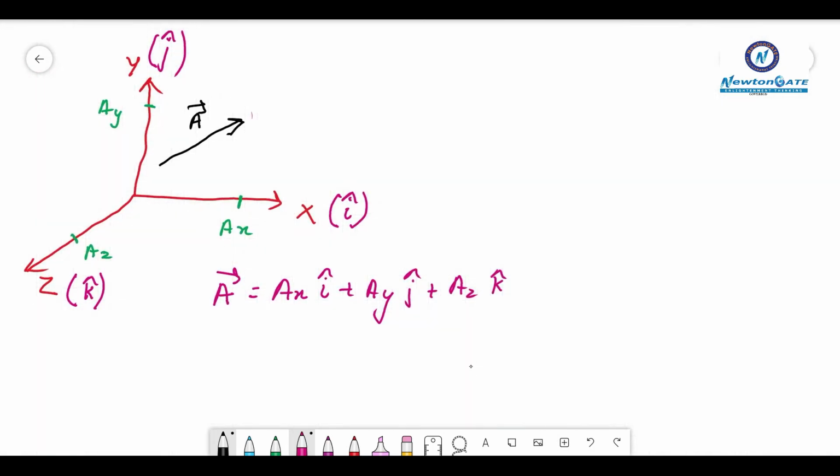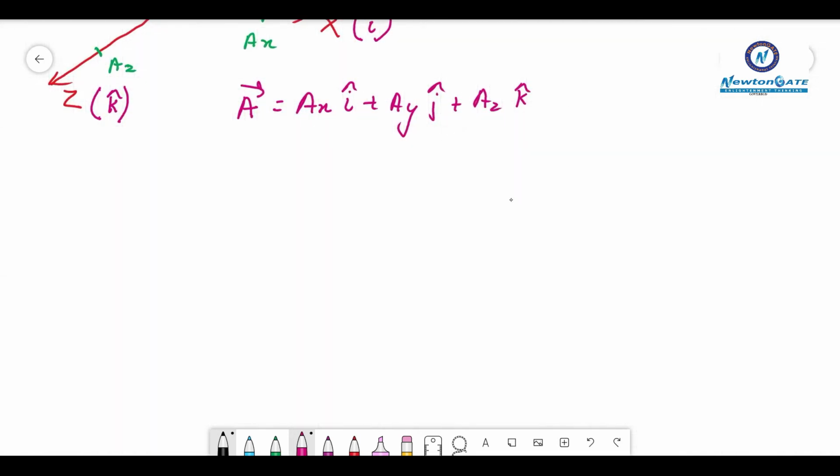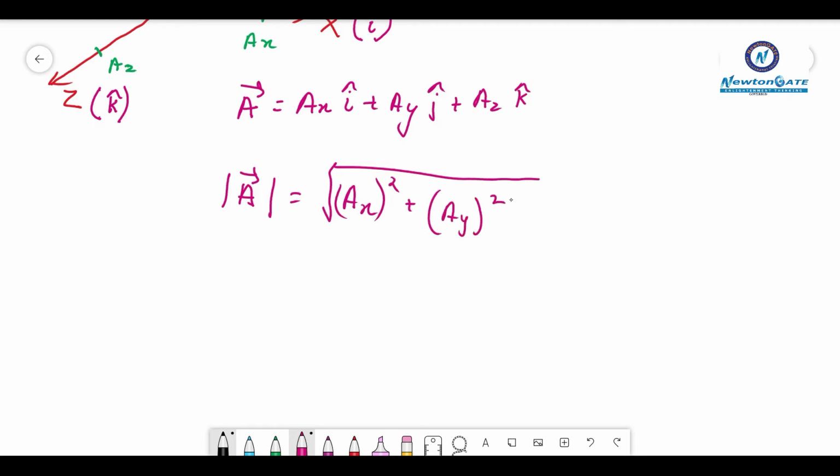To find the magnitude of A, where A is ax i cap plus ay j cap plus az k cap, I can write mod of A is equal to under root of ax whole square plus ay whole square plus az whole square.